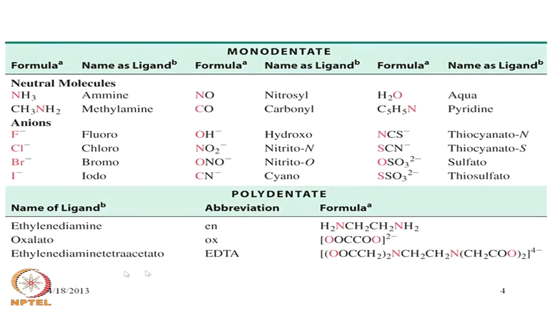Similarly, one more useful polydentate ligand, useful for medicine and drug purposes also, is ethylene diamine tetraacetate anion. Ethylene diamine tetraacetic acid is abbreviated as EDTA, and this EDTA is a very useful molecule.